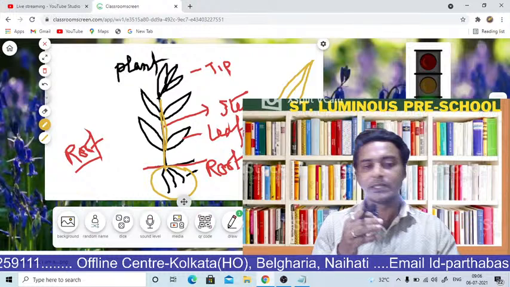Actually, according to height, we can say the plants are of three types. Number one, trees. Number two, shrubs. Number three, herbs.